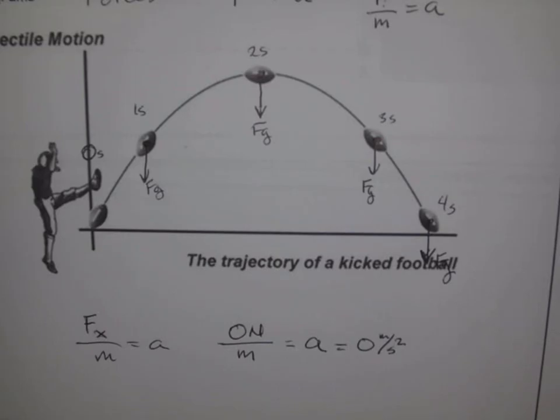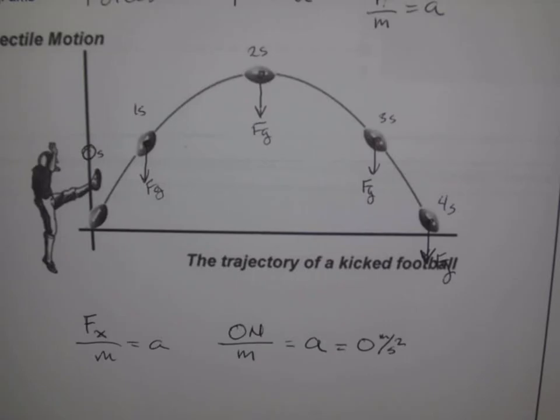Reminder: when the acceleration is something other than 0, like 9.8, that is when something is speeding up or slowing down. So we are either speeding up in the y direction or slowing down in the y direction. However, in the x direction, the acceleration is 0.